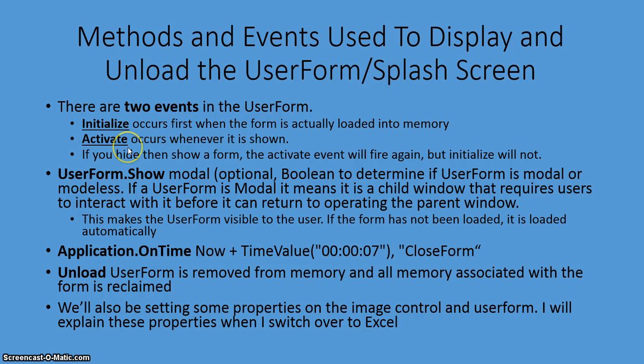The activate event occurs whenever the form is shown to the end user or displayed on your computer screen. Now, if within your VBA code you are hiding the user form and then re-showing it again without actually unloading the user form from memory, the activate event will get fired again every time that you show it.